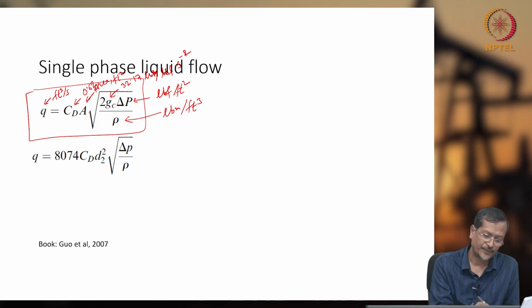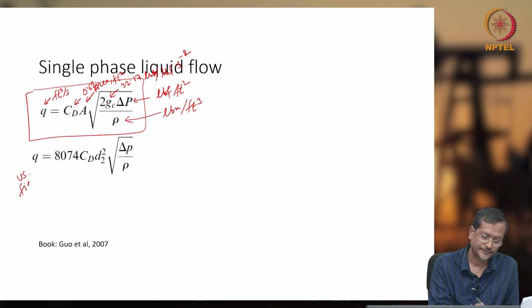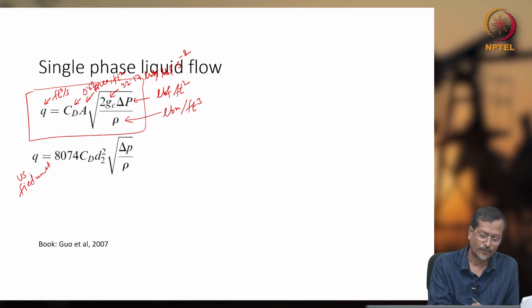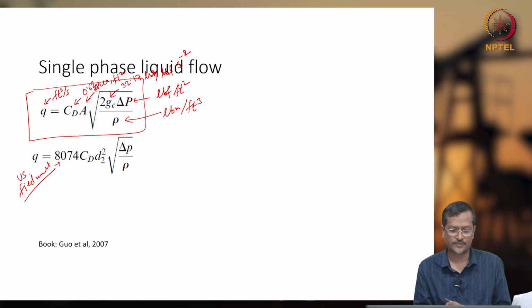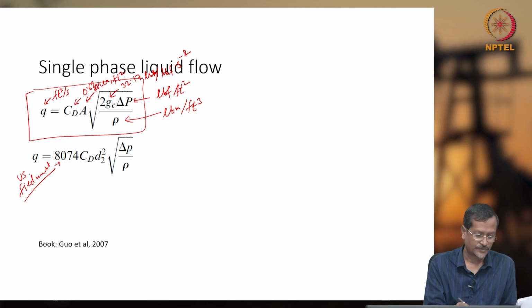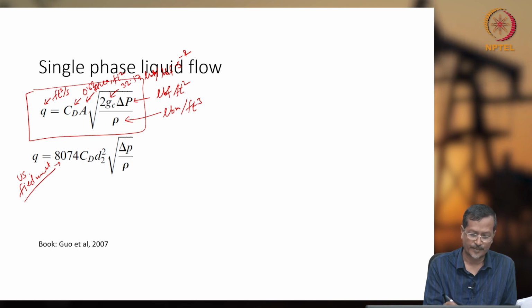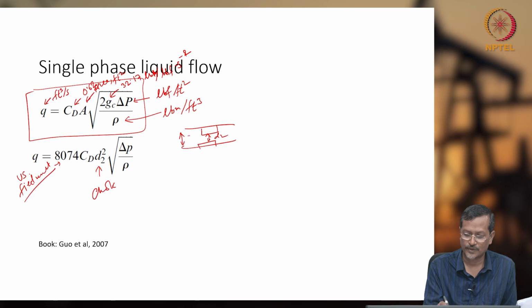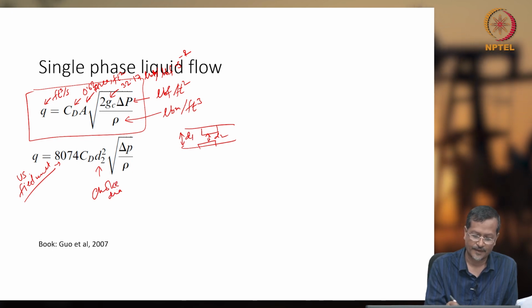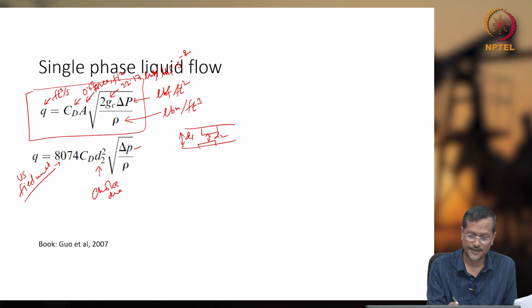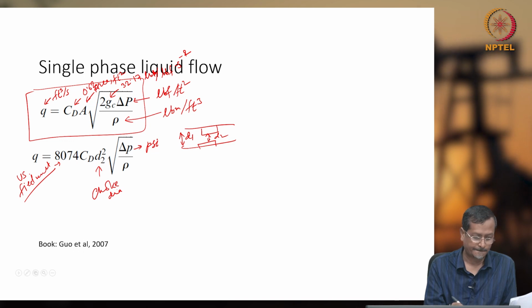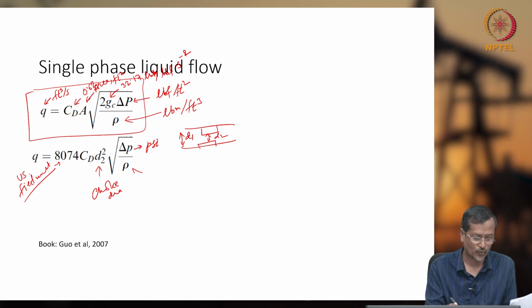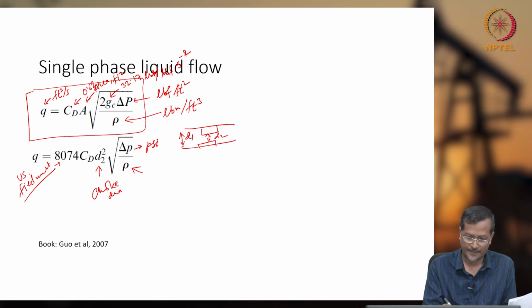And if you are taking US field units, then the formula is a little bit modified because some constant term will come. In that case, Q is the flow rate, D2 is the choke diameter. You have seen this one we specified as D2. This is D1, and del P is in PSI. Since you are using field units, it is PSI, and rho will be the density parameter.